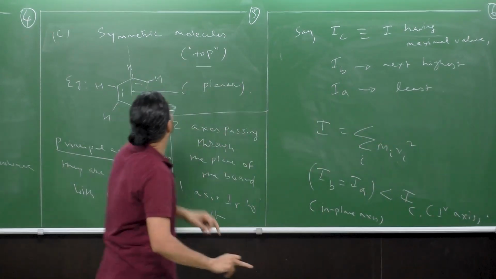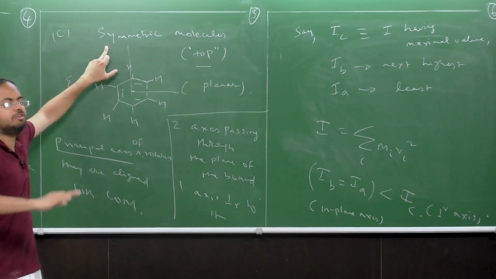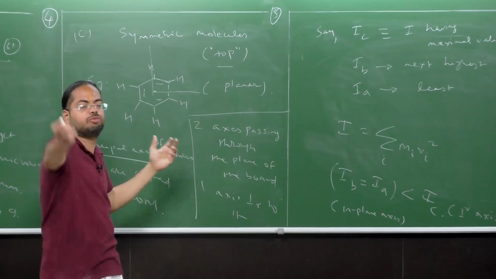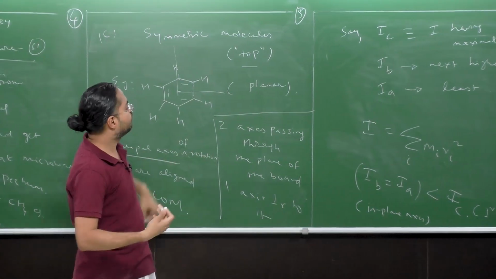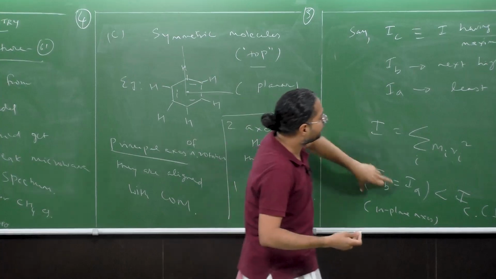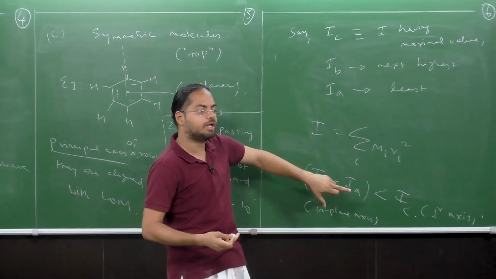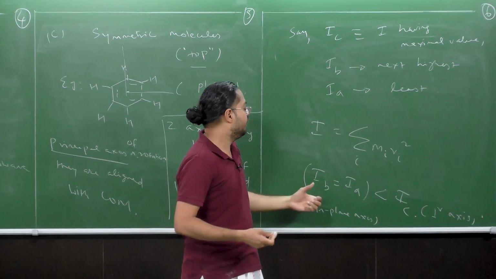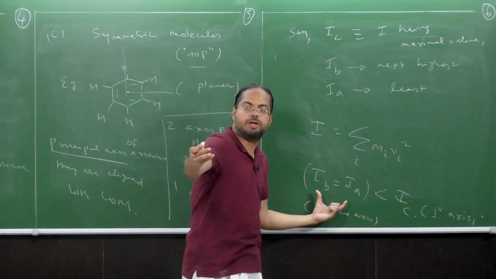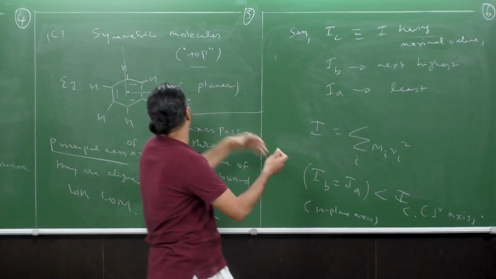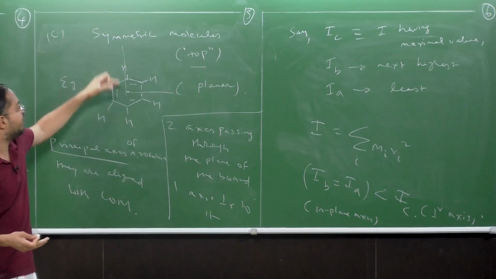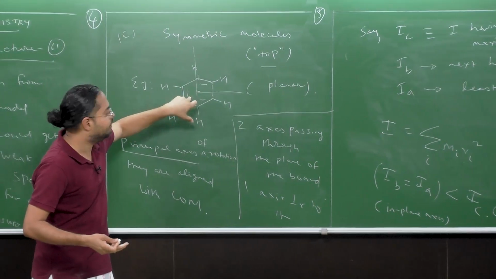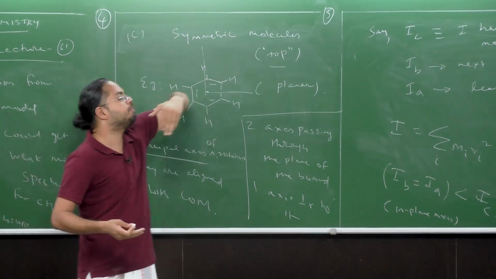So why did I call them symmetric? Well, there is some symmetry, but they're not completely spherically or cubically symmetric, as we saw with methane. So in these cases, instead of dealing with three different moments of inertia values, we'll have two moments of inertia values, such that two of them are the same. In the case of benzene, they are going to be on the axes in the plane of benzene itself, and the other one is going to be the one perpendicular to it.